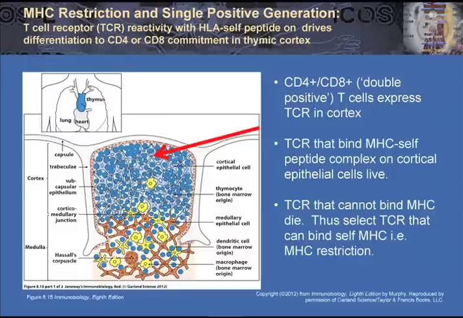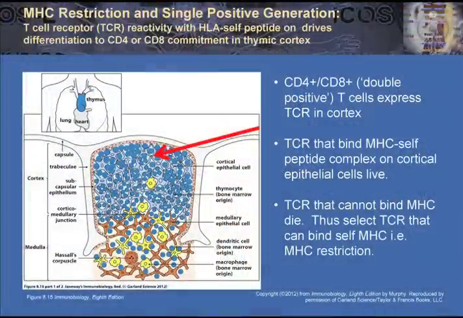Their T cell receptor in the thymus has to bind the MHC in the context of some self-proteins or self-peptides that are bound to the MHC molecule that are present on the cortical epithelial cells. Since the T cell receptors are being randomly generated through recombination and so forth, you can imagine that there's a lot of mistakes.